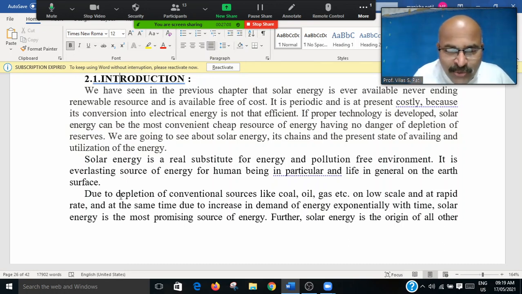Hence we are going to see solar energy, its chain and its state of utilization. Solar energy is the real substitute of energy, and it is pollution free.